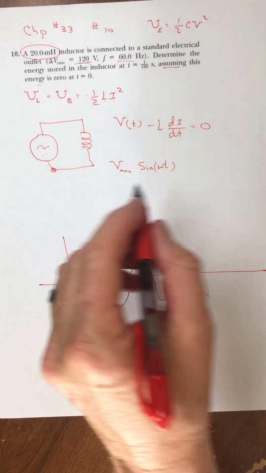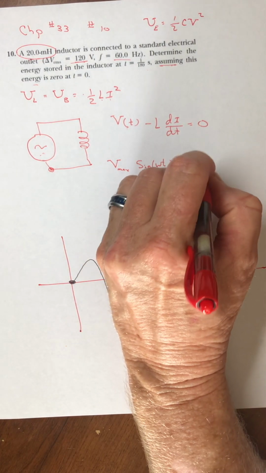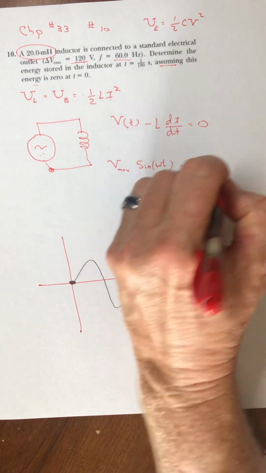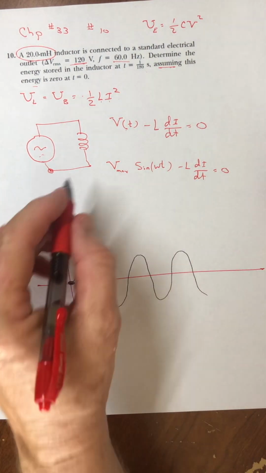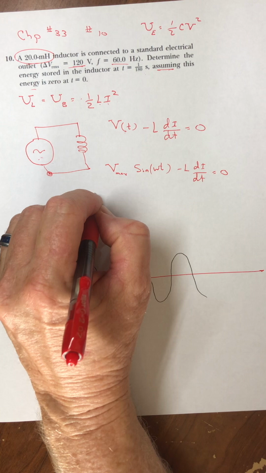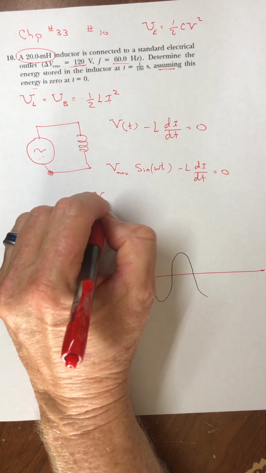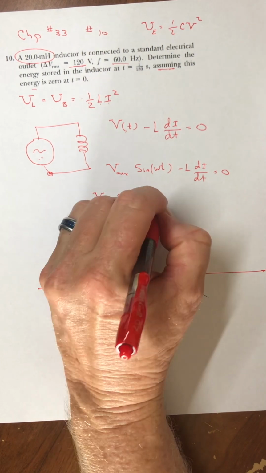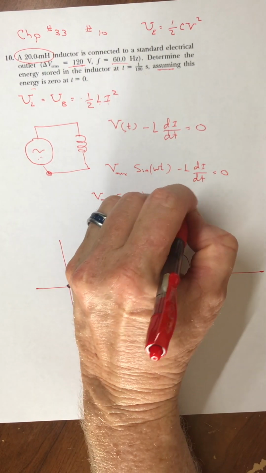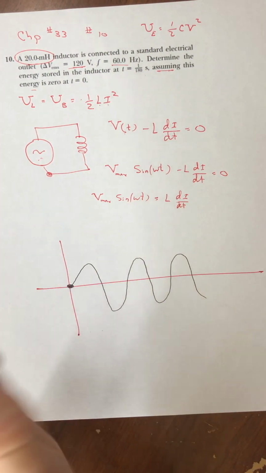Let's keep working on the math here, because then we have this minus L di dt equals 0. When we move things around, we get maximum voltage sine omega t equals a positive L di dt.